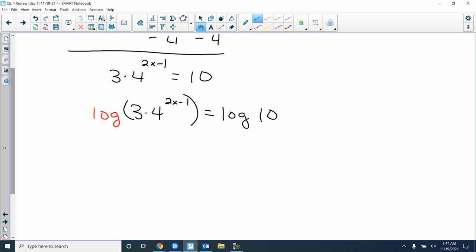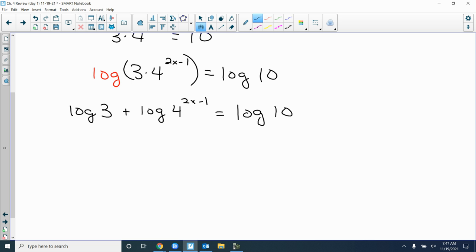But how do you treat this? This is probably where I see mistakes. This is a product. When you take the log of a product, it becomes a sum of the individual parts. Log of 3 plus the log of 4 to the 2x minus 1 equals log of 10.